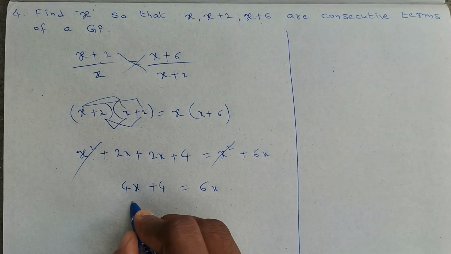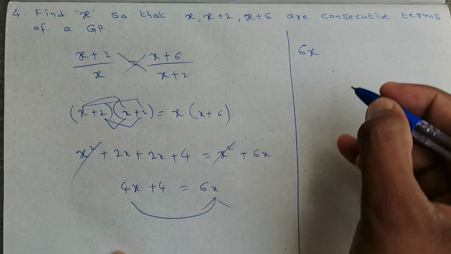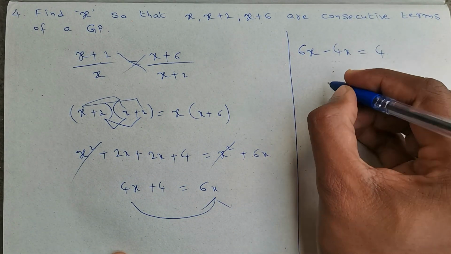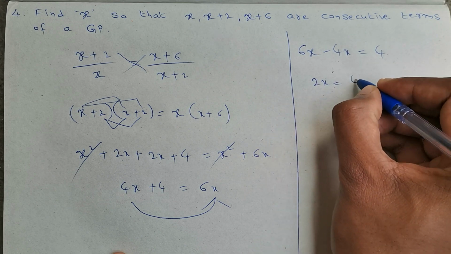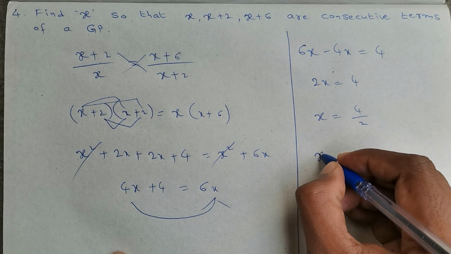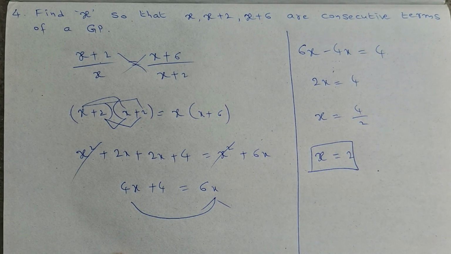Now I will bring this 4x to the right side, so 6x minus 4x is equal to 4. 6x minus 4x, 2x is equal to 4. Then x is equal to 4 divided by 2, which is nothing but 2. So the x value is 2.